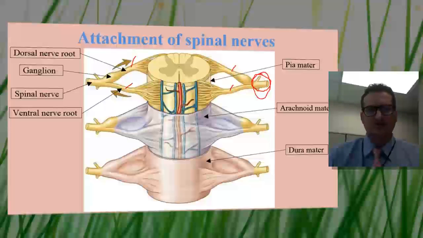It enters the dorsal horn here of the spinal cord. Cell bodies of the dorsal neurons are clustered in a knot-like structure called the ganglion, which is here. These are called the dorsal root ganglion. Fibers in the ventral or anterior nerve roots exit from the ventral horn here. They exit out here to carry motor information out of the spinal cord.